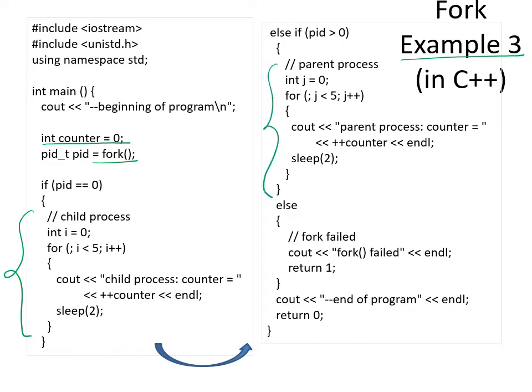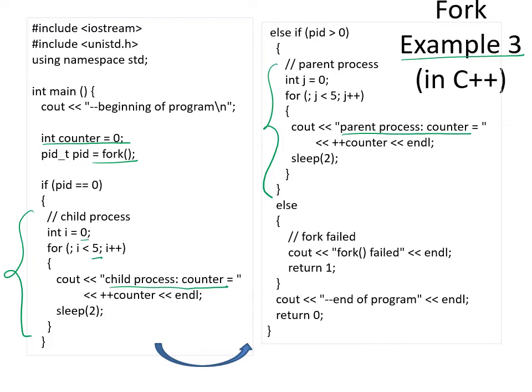So essentially in the child process we have this for loop that runs from 0 to 4, so it runs 5 times, and inside this for loop we are printing child process counter equal to plus plus counter. So we'll print the current value of the counter and increment the counter by 1, and exactly the same thing is happening inside the parent process as well. The only difference mainly here is in the parent process we say parent process and counter equal to plus plus counter.